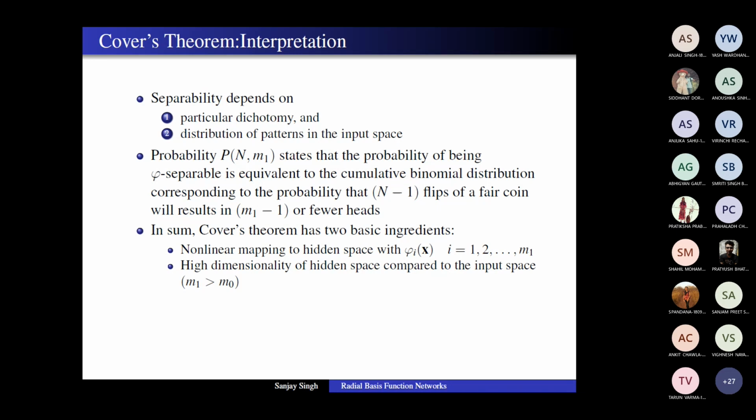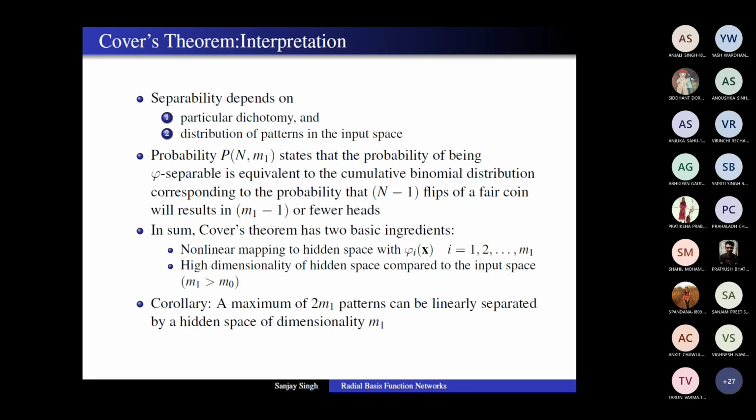You saw the example on the board: from two dimensions we could not see it, but just by adding one extra dimension, it was clearly linearly separable. One important corollary is that a maximum of 2 M1 patterns can be linearly separated by a hidden space of dimensionality M1. You have to remember this.